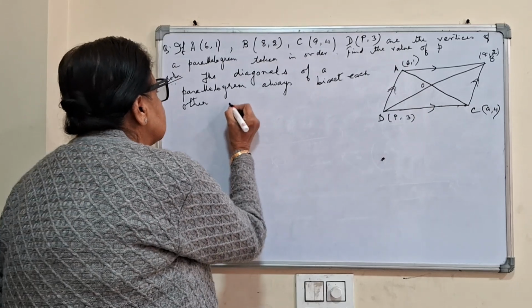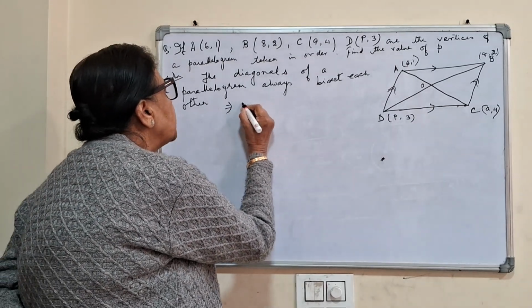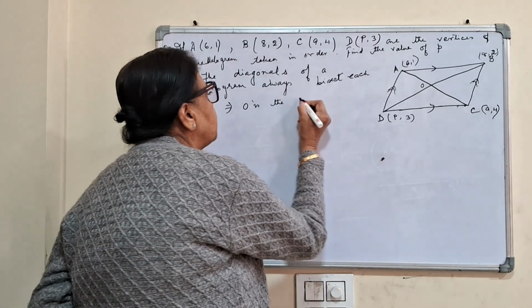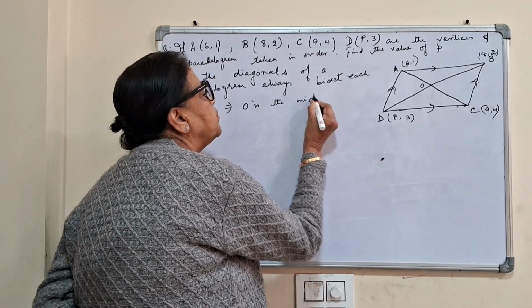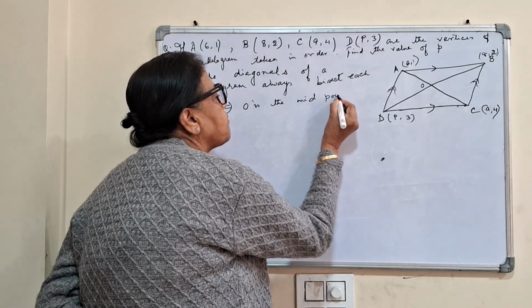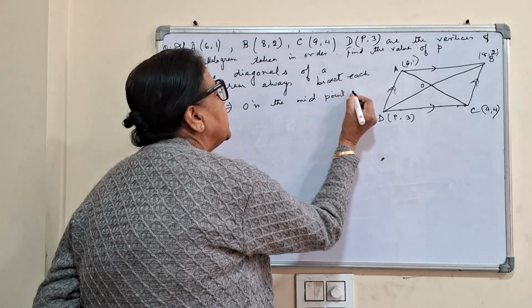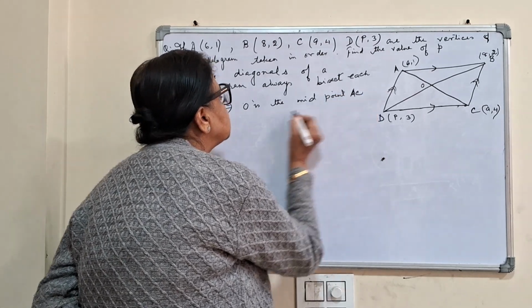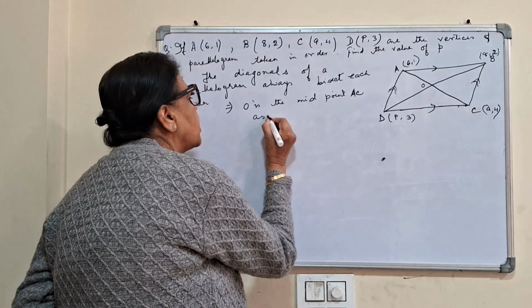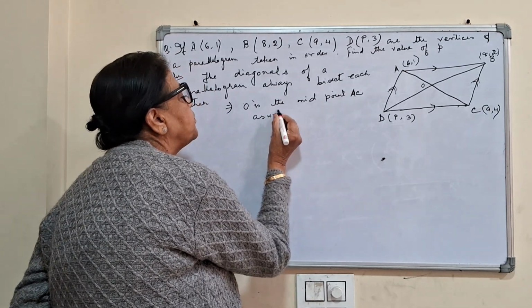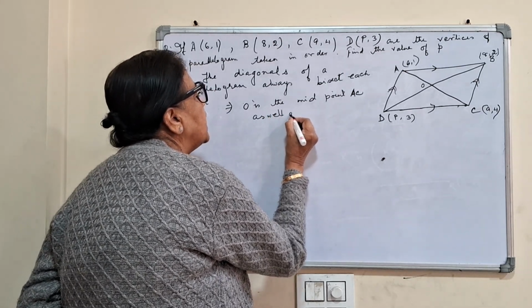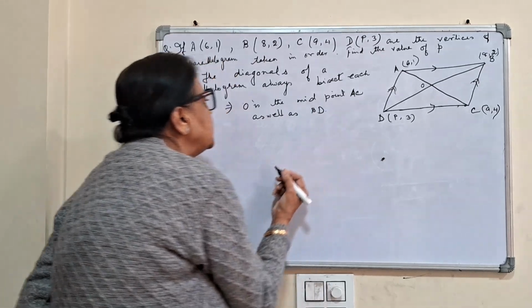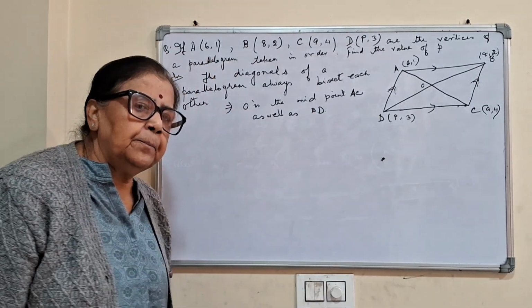Implies O is the midpoint of AC as well as BD. That means their coordinates are same.